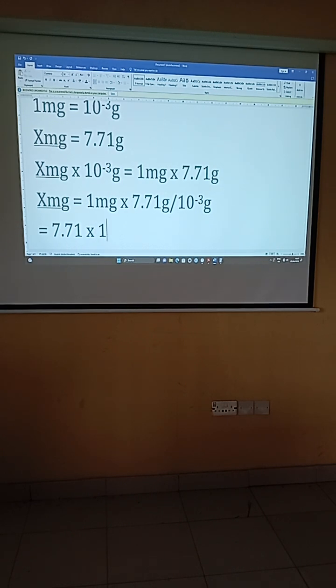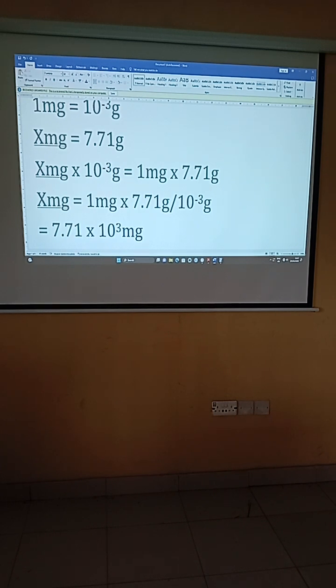The minus sign disappears. So it will become 10 to the power 3. The minus sign is no more there. So that is how it is written. So that is 7.71 by 10 to the power 3 milligram.